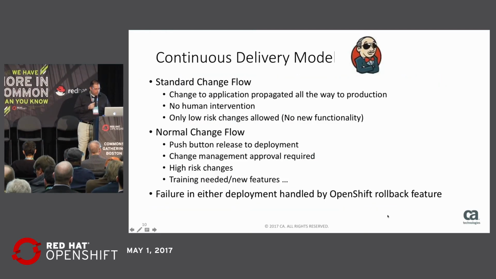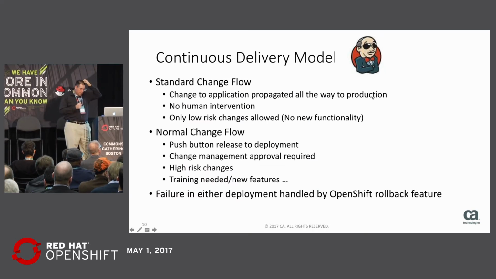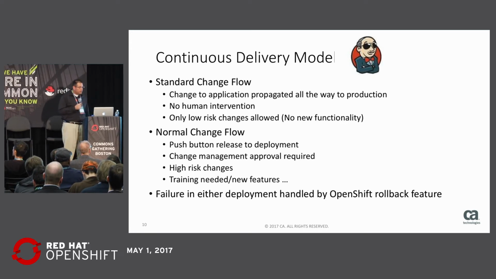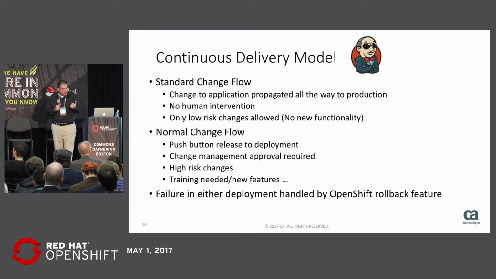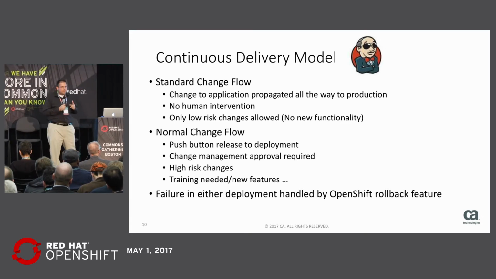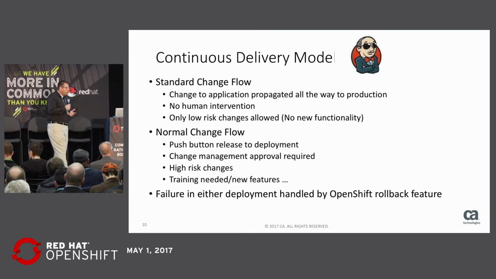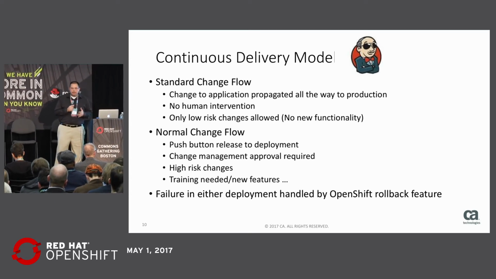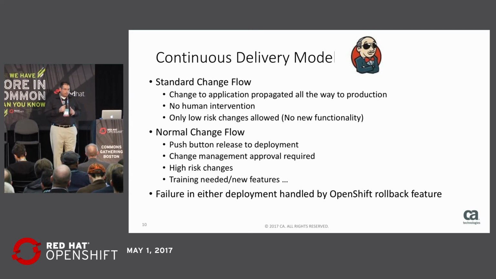So we have the Jenkins hipster here, who basically represents our continuous delivery model. We have two flows, a standard flow and a normal change flow. The standard flow would cover a small change that is very low risk of breaking things.